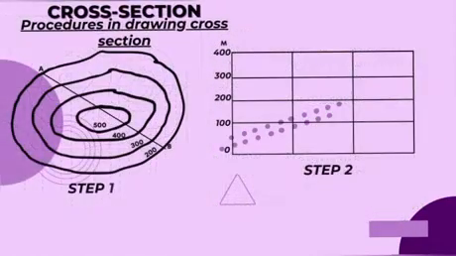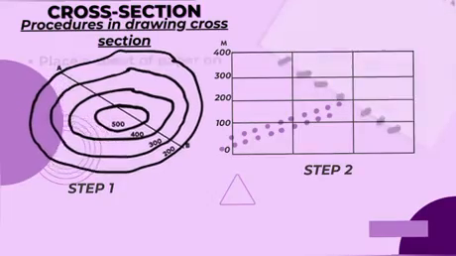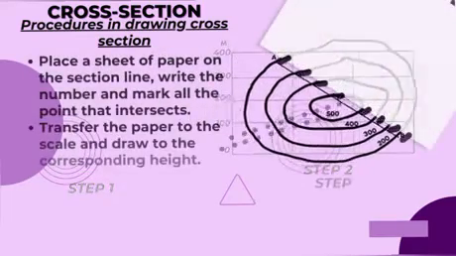As we can see here, the first step is to join the two points to be drawn on the map with a straight line, so as to be able to connect and get accurate information. The second step is to choose a vertical scale. It is best for students to use graph paper in order to choose a better scale.